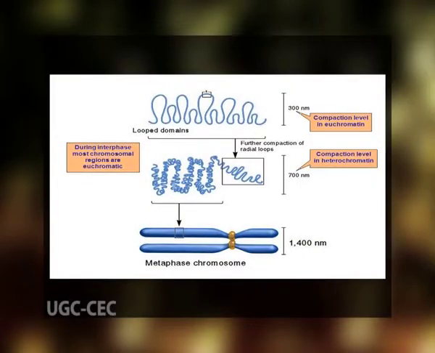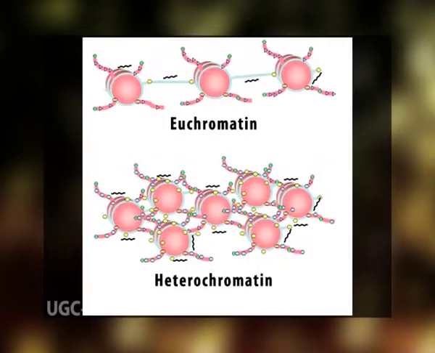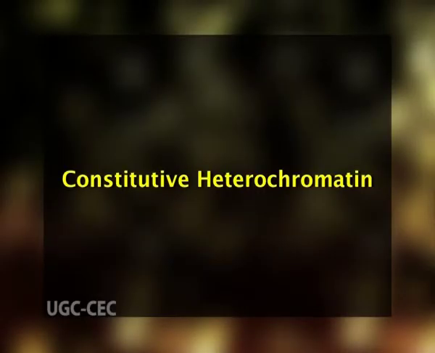The state of a particular region of the genome, whether it is euchromatin or heterochromatin, is stably inherited from one generation to the next. Heterochromatin is divided into two classes. That is, constitutive heterochromatin, which means it remains in the compacted state in all cells at all times and thus represents DNA that is permanently silenced.